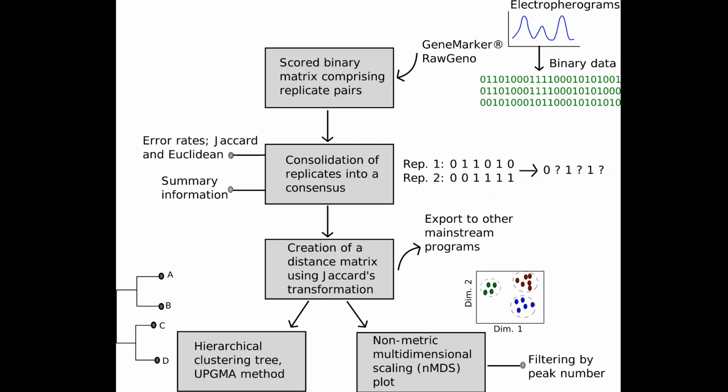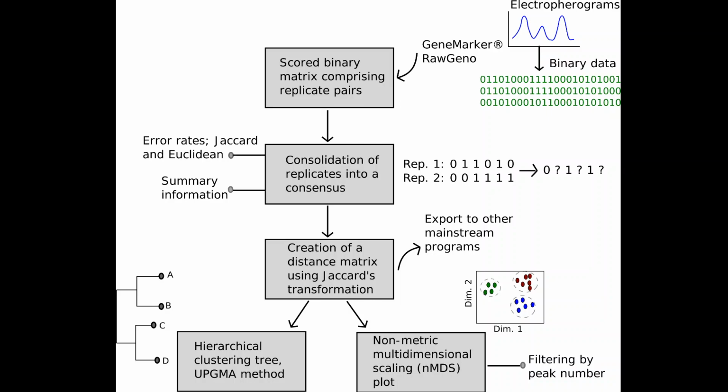So in part 1, I'll just talk you through reading in a data set of replicate pairs and then how you can consolidate that, you can get error rates, you can remove samples, and you can create a clustering tree. And then in part 2, I'll look at reading in data that has grouping information.